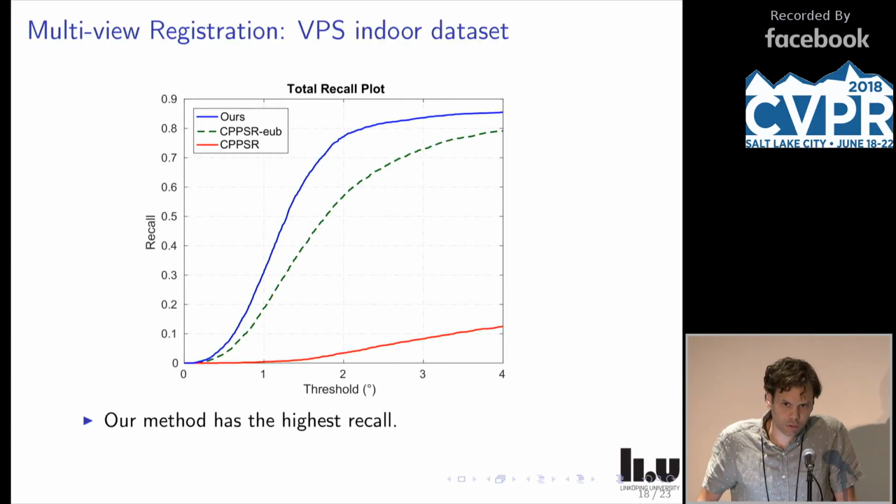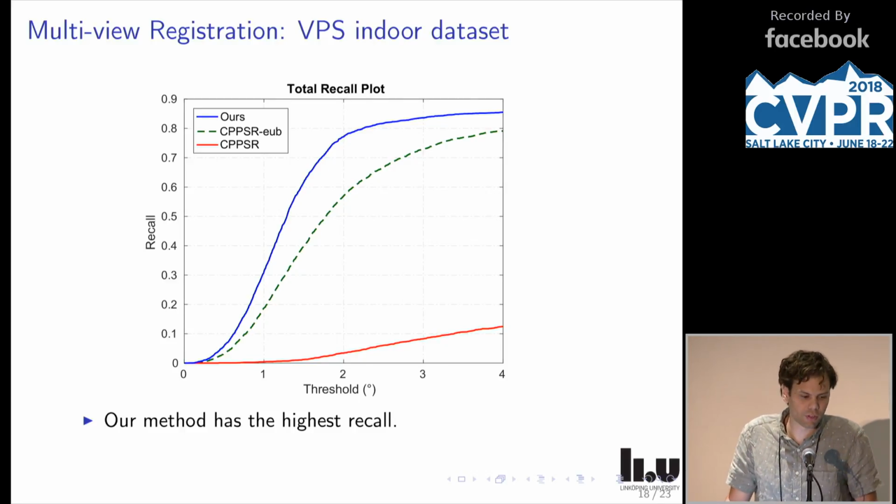This recall curve shows some statistics on this point set for multi-view registration, and each point on these curves corresponds to the ratio of correct registration with respect to the threshold on the x-axis. We see that the CPPR algorithm, the red curve, has a very low recall on this data set.